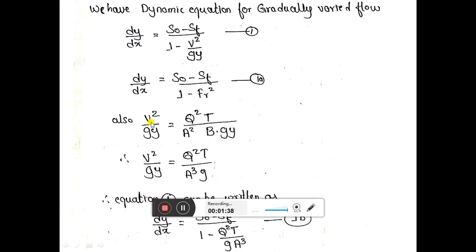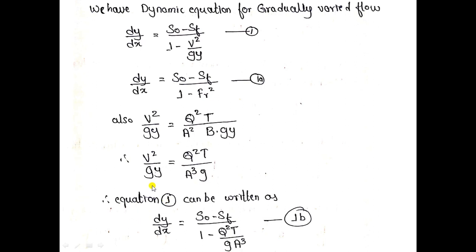Here V has been replaced by Q/A, and for a rectangular channel section, top width is equal to the bed width. Further, V²/gy can be simplified as Q²T/(gA³).